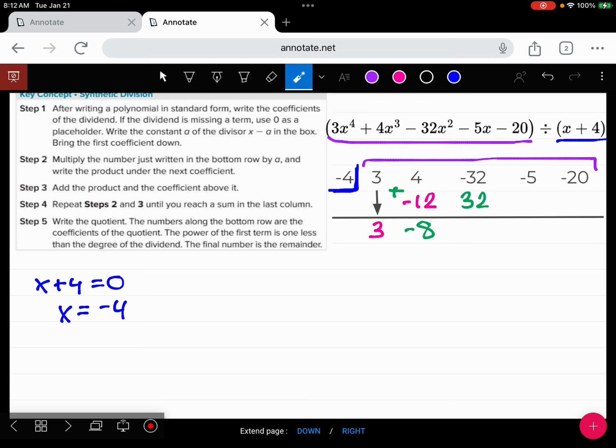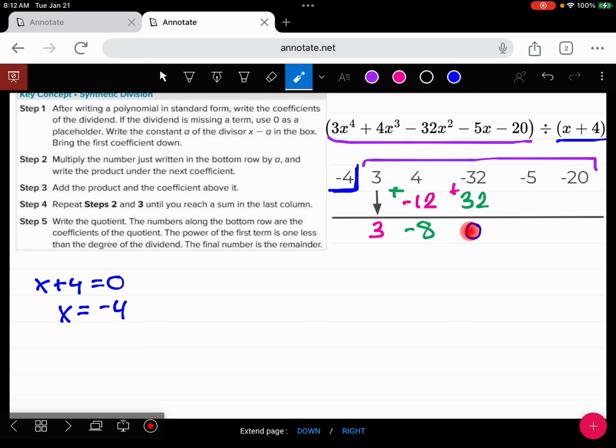So we took the bottom times the left, and we put it under. And then again, drop it down, so we're going to add. So I'm going to add. And then so we have our negative 32 plus 32, and that's going to give us 0.